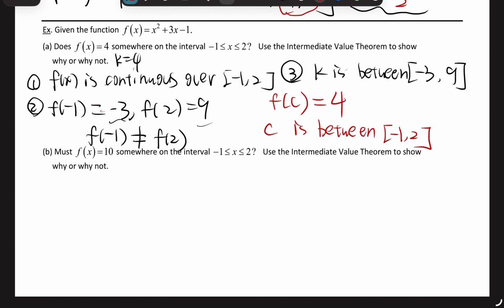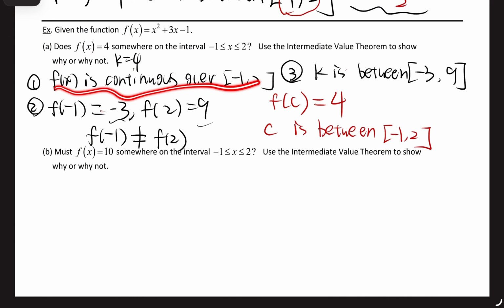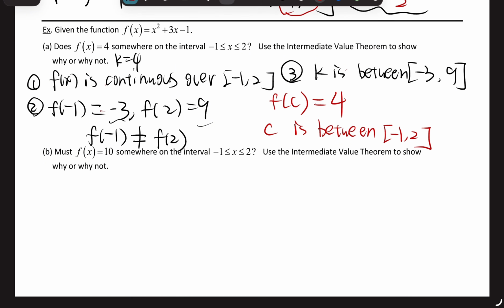What about the second one? It asks, must f of x equal 10 somewhere on this interval? This is IVT. We know the function is continuous, and these two are not equal. So we have to see if k equals 10 is or is not between -3 and 9.